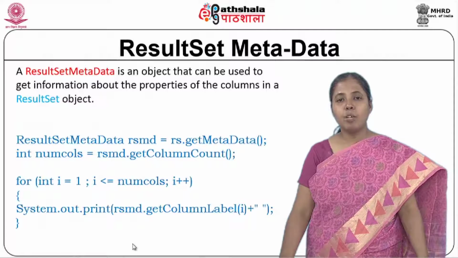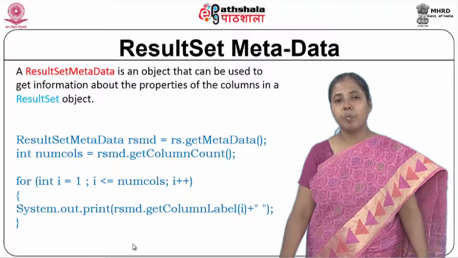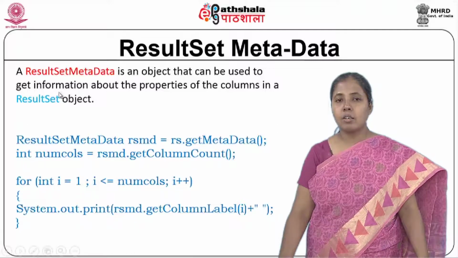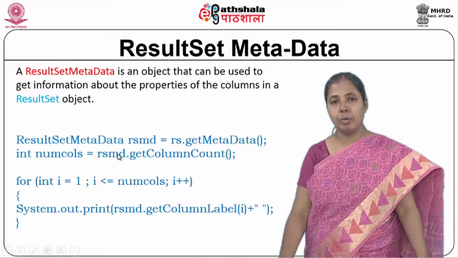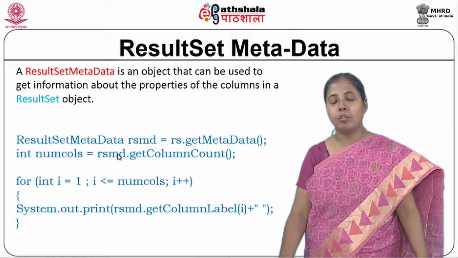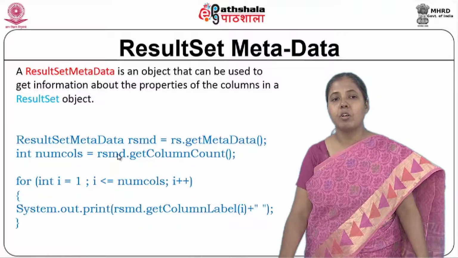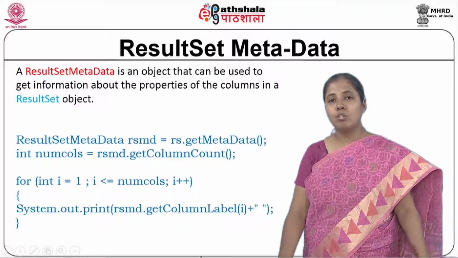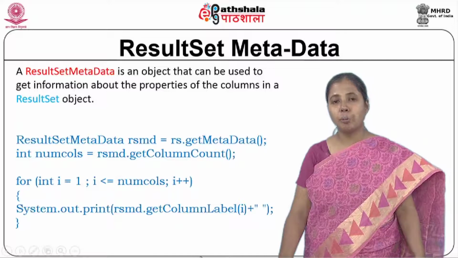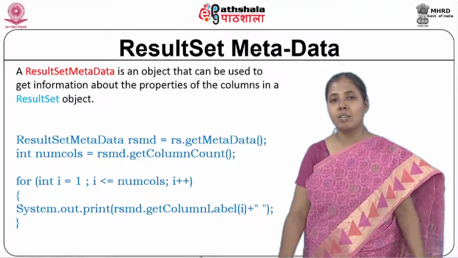Now, let us see what is actually result set metadata. As I told you, there are two more classes called result set metadata and database metadata. You can also take the metadata from the database. This result set metadata is an object used to get information about the properties of the columns in the result set object.